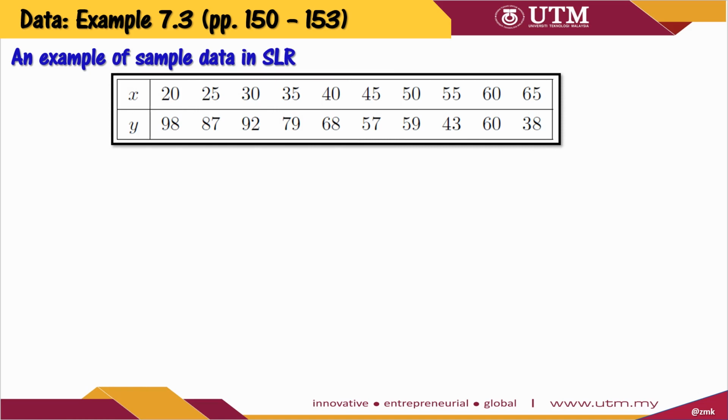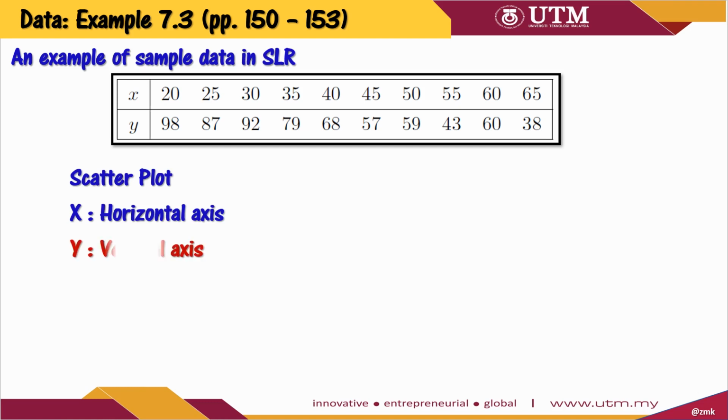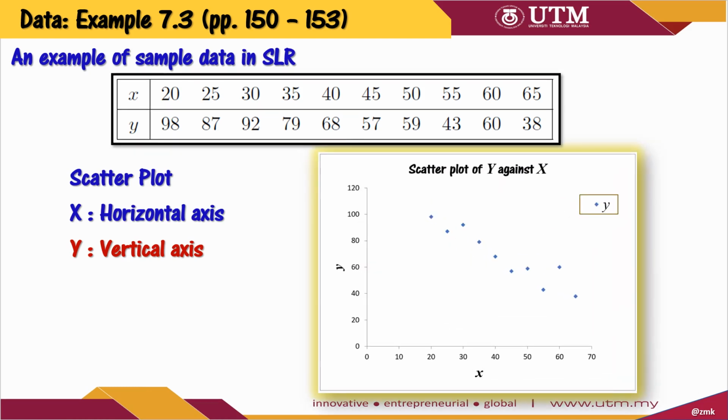After you identify the independent or predictor variable x and the dependent or response variable y, you can then plot the paired observed values from these two variables on a scatter plot where the x values will be on the horizontal axis and the y values will be on the vertical axis. So you will have a scatter plot of y on x, or y against x, which looks like this for the data in example 7.3.